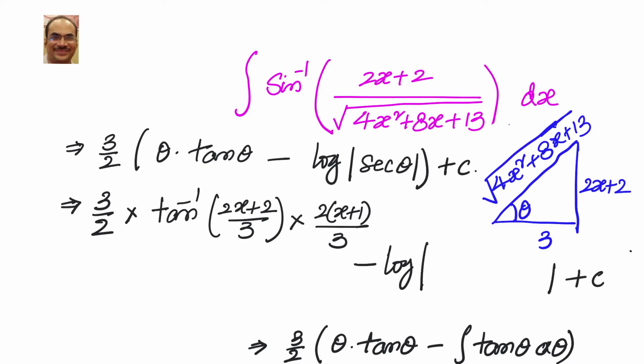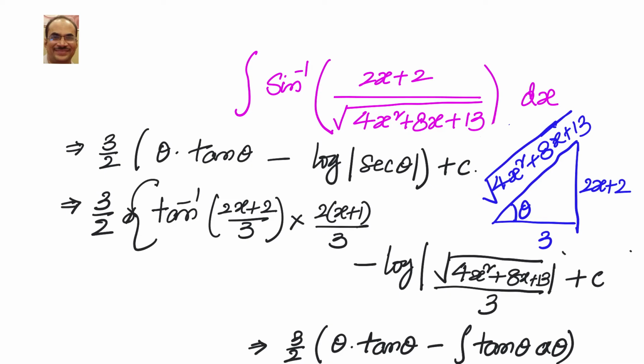Secant theta is square root of 4x square plus 8x plus 13 divided by 3, and we have this in the bracket, this whole thing.